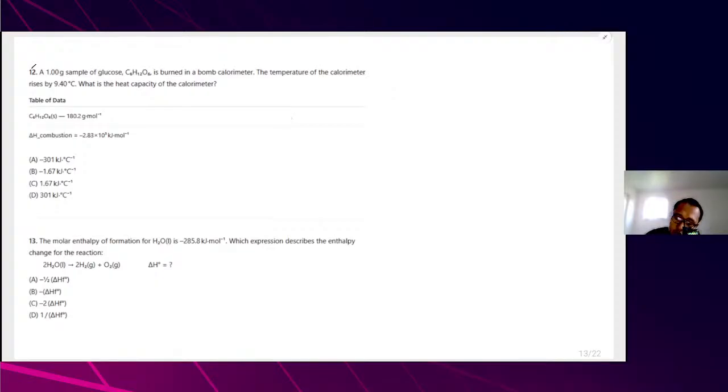Same thing: delta H, and then we have M, the mass, and then C, and then delta T. So the question is the heat capacity, C. Just plug in over here: the delta H combustion is minus 2.83 times 10^3, and then M is 1 gram divided by 180.2, and then C, and then delta T is 9.40.